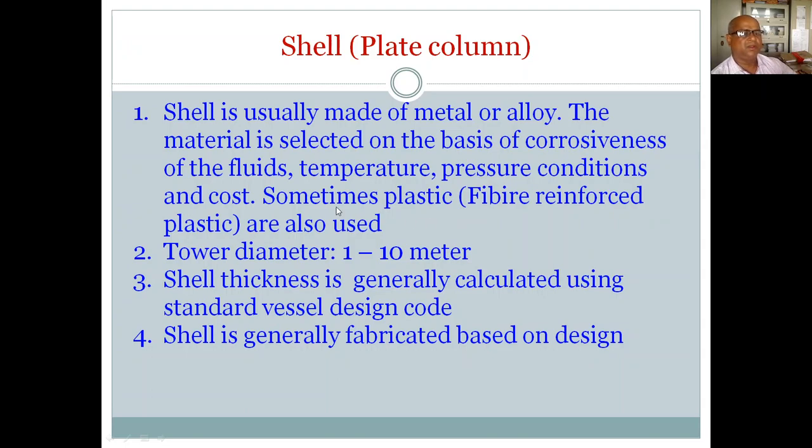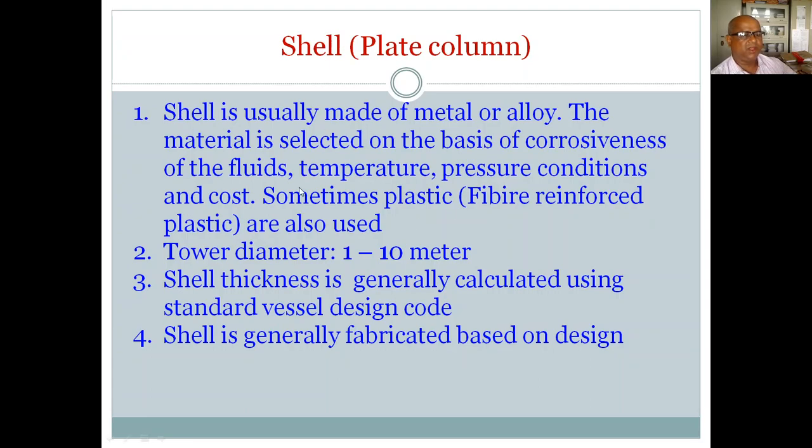As I told, what will be the material of construction of the shell, what will be its thickness, and what will be the cost, you will learn in detail in process equipment design and drawing 1 and 2. There are two lab courses in the next, probably sixth or seventh semester.